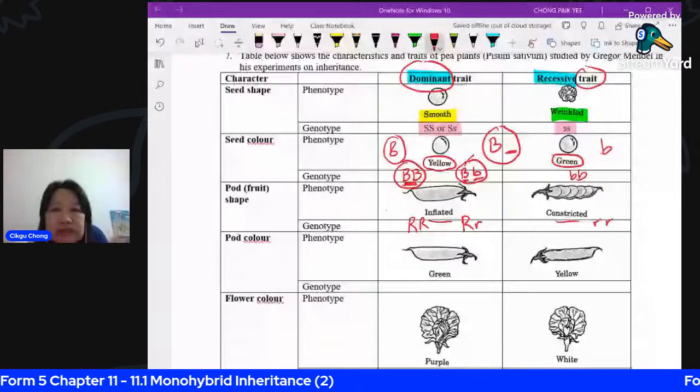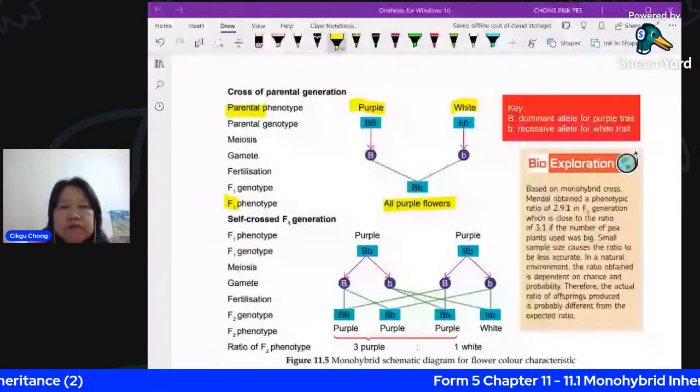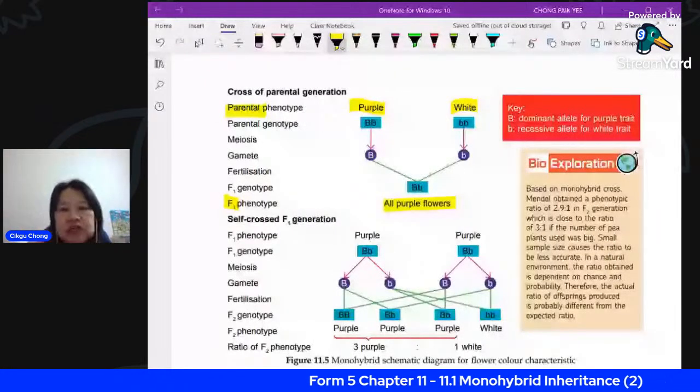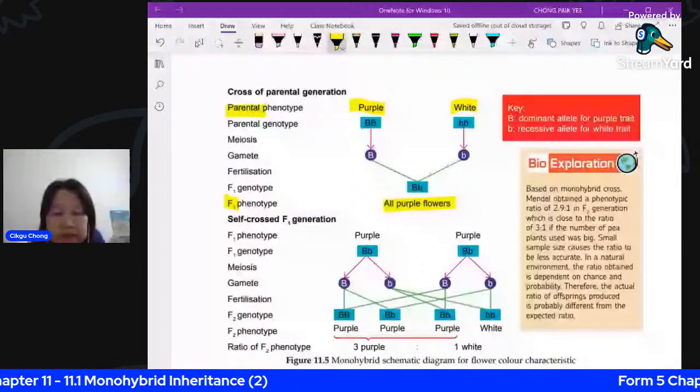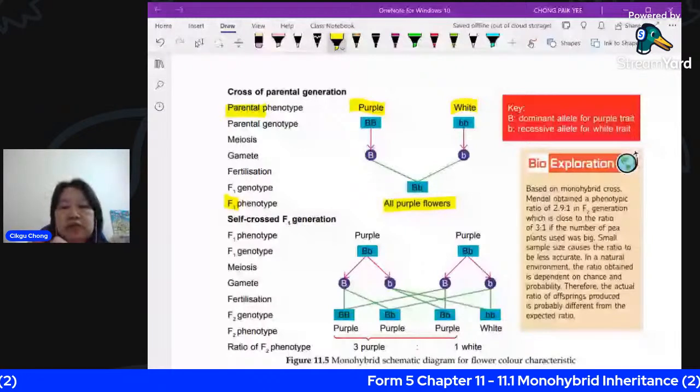The next generation is called F2, the second filial generation. In the second filial generation, we have a combination. He did not get all purple, nor all white, but rather he found that there is a ratio, and the ratio is always 3:1, where the 3 is the more dominant.